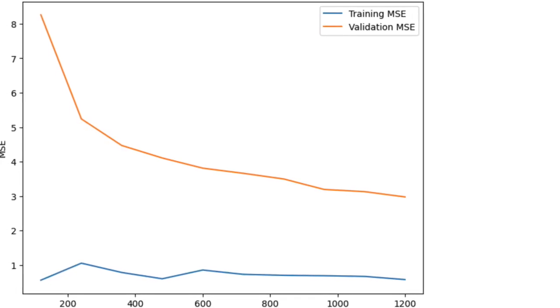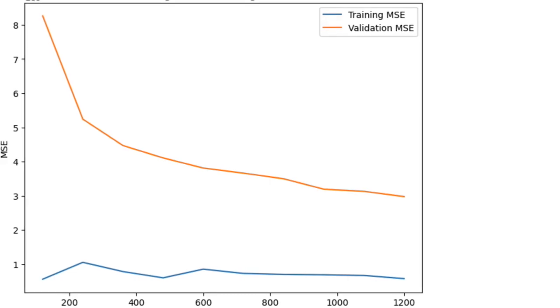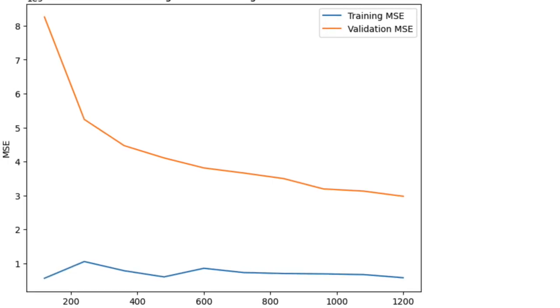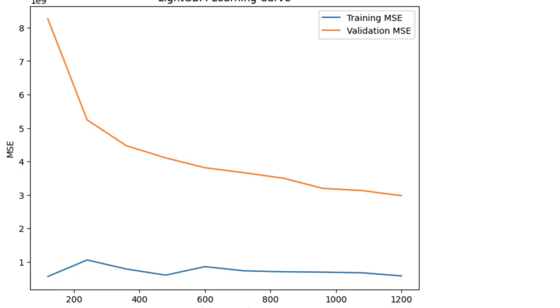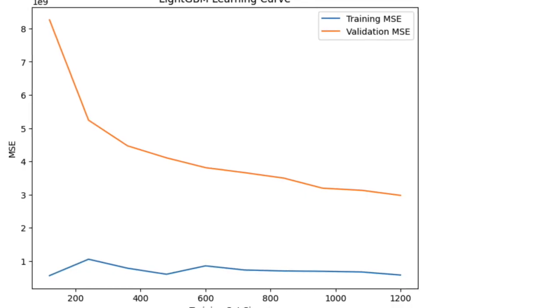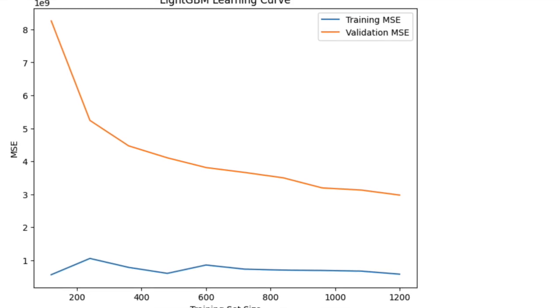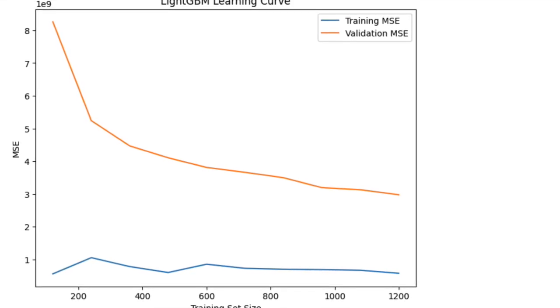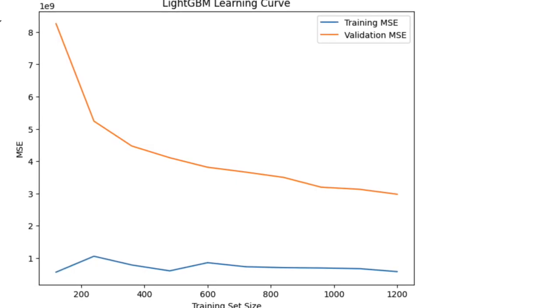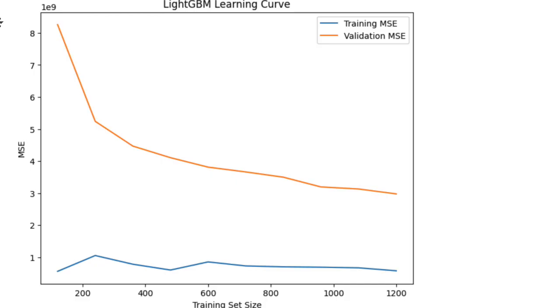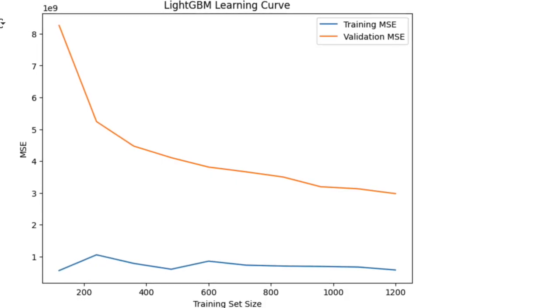However, the validation MSE initially drops but begins to stabilize after a certain point, indicating that the model reaches a point of diminishing returns where adding more data doesn't significantly improve the model's performance. This observation suggests that the model is generalizing well and is not overfitting to the training data.